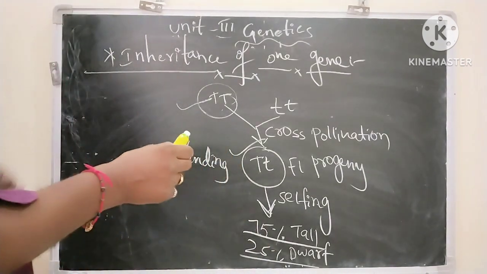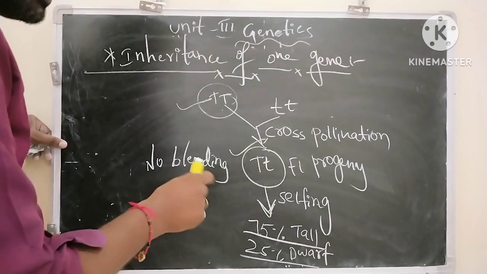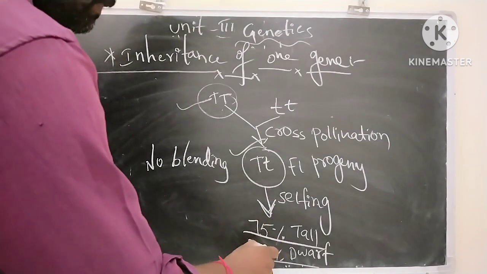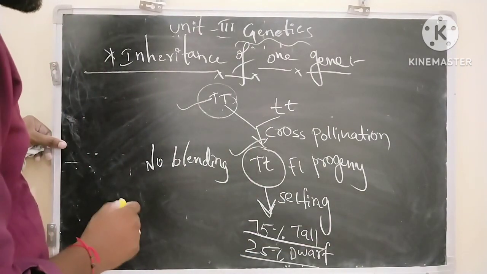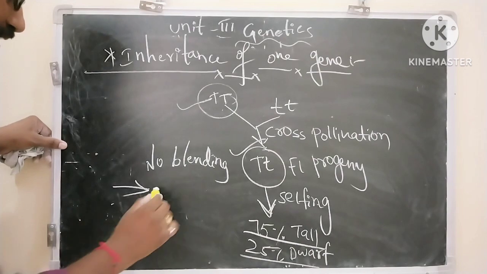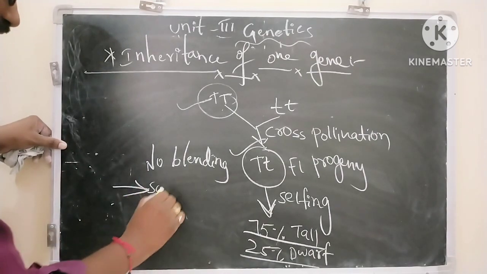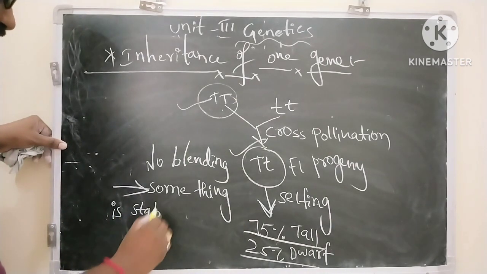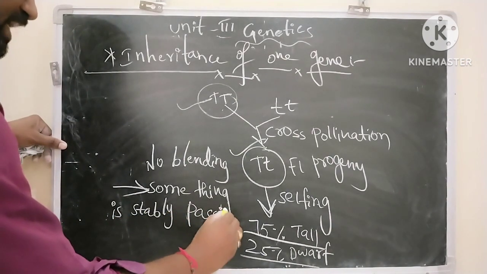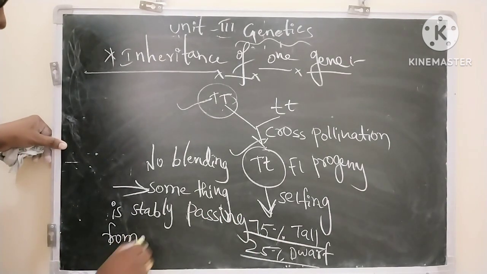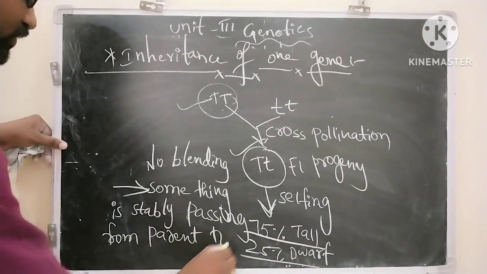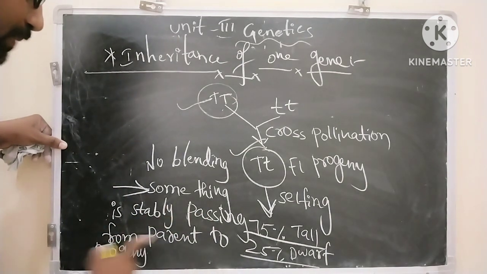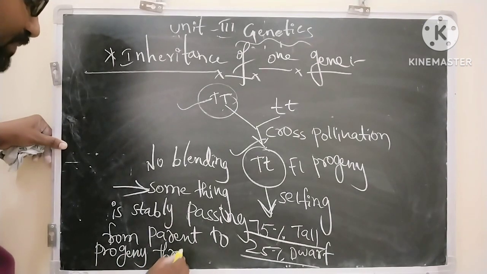Okay. From this experiment, Mendel hypothesized that whatever the characters which are passing, those characters are passing such that something is stably passing from parent to progeny or offspring through gametes.